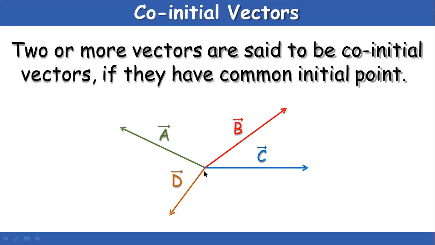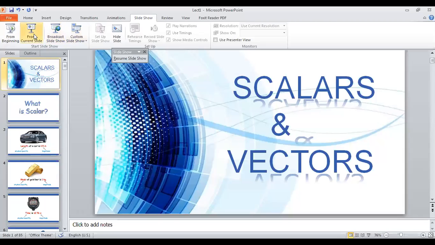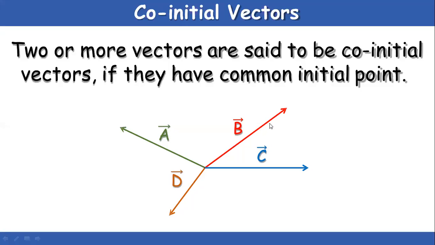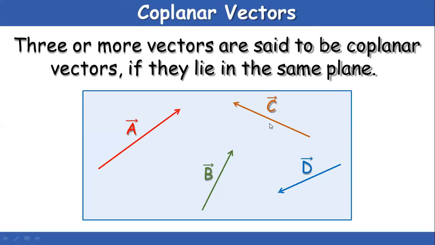So their starting point is the same. They have a common initial point. So these vectors are called co-initial vectors.